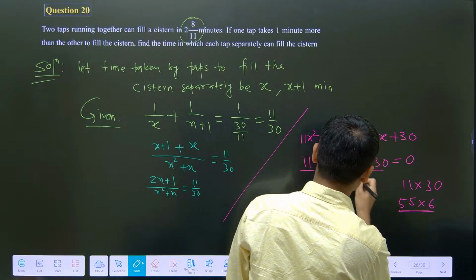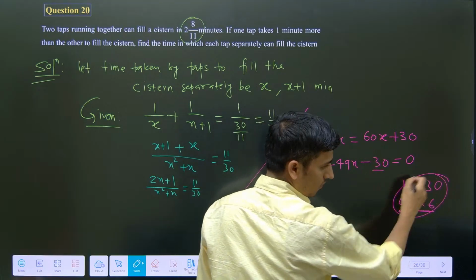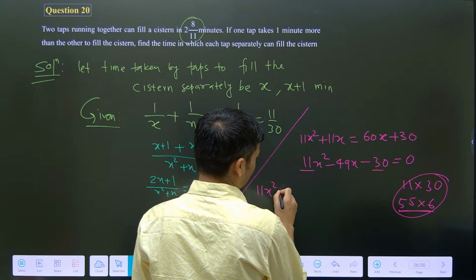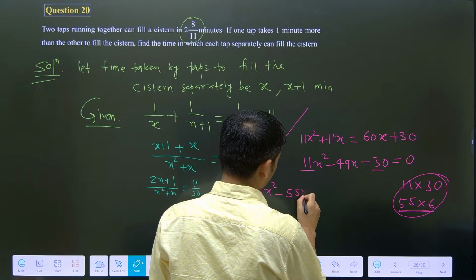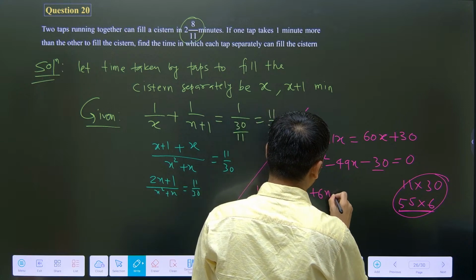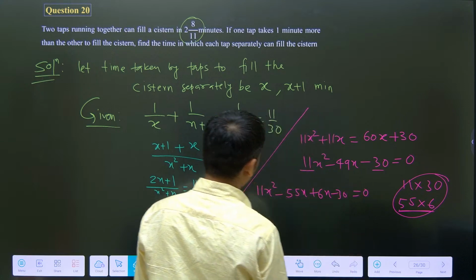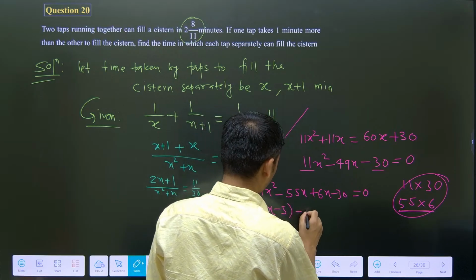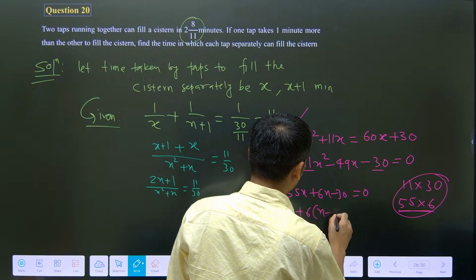And clearly the difference of this is 49. So this is how we can think of splitting, guys. 11x square minus 55x plus 6x minus 30. 11x times x minus 5 plus 6 times x minus 5.